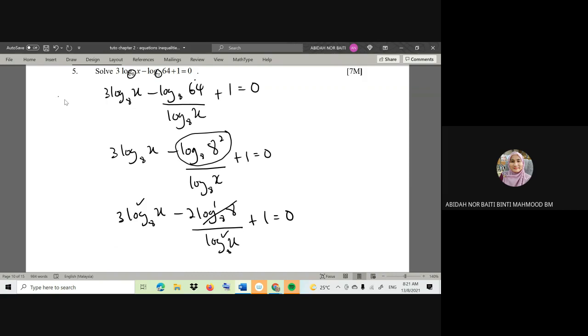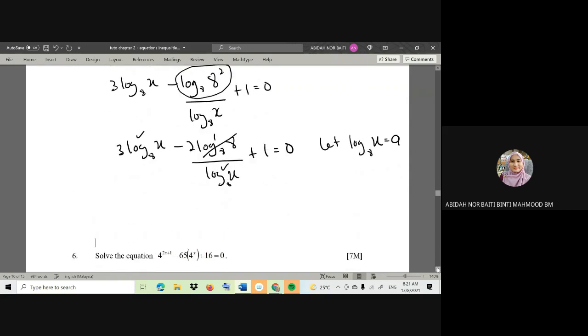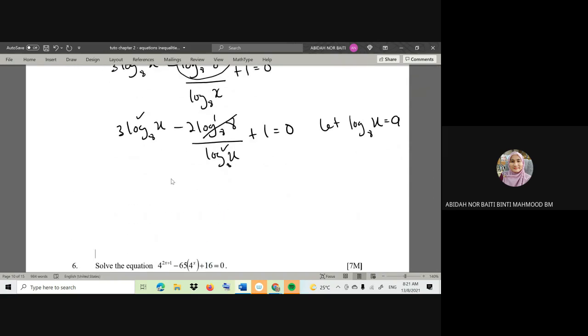So ni nampak sama. Log x base 8. So make assumption lah ya. So let log x base 8 equal to A. Ya, boleh ya? Sebab dia ada dua yang sama kan? Then we substitute 3A minus 2 over A plus 1 equal 0. So this is equation.